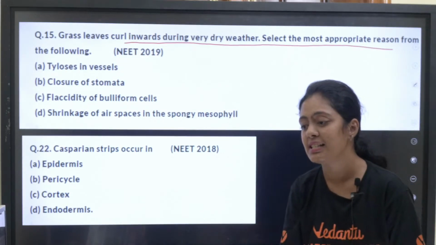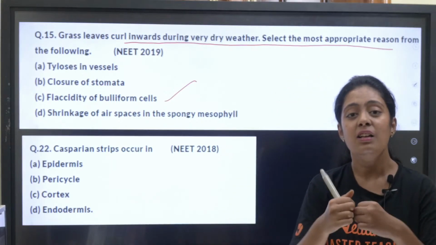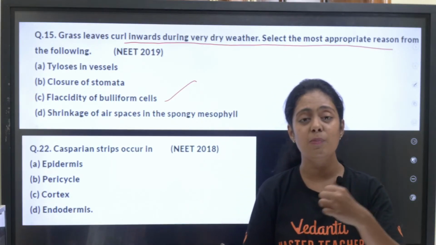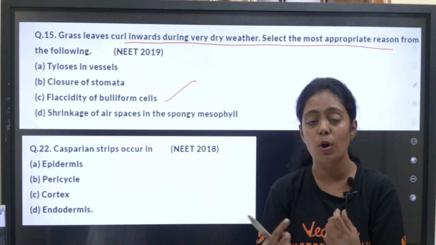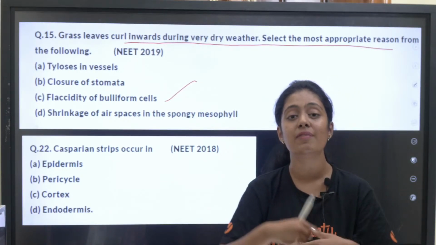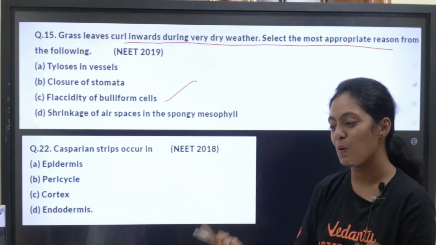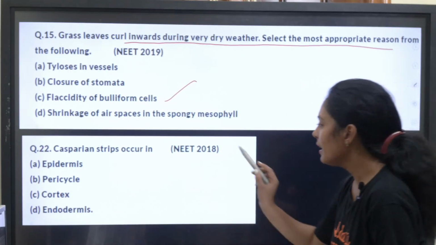We just discussed this. The answer is option C. What is flaccidity? Whenever there is excessive heat, there will be loss of water in the bulliform cell. So when the bulliform cell loses water, the leaves are going to curl. What is the use of curling of the leaf? It is going to minimize the loss of water. Very good, very good.